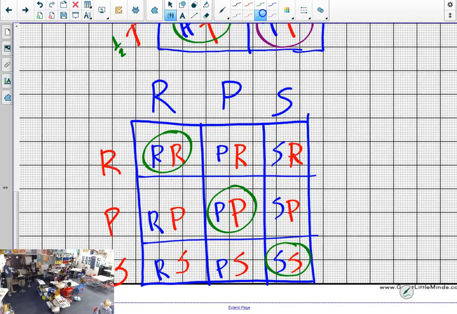What's happening where I just circled? They're tying. There are not 9 results where someone wins. There are only 6 results where somebody wins. Paper covers rock, scissors cut paper, and rock smashes scissors.